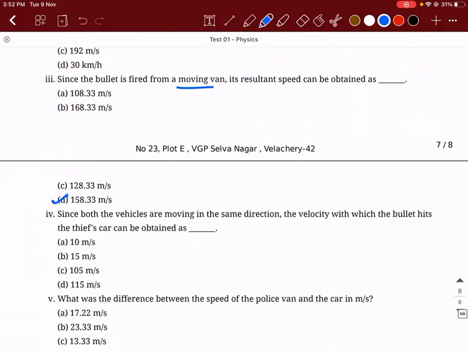Since both the vehicles are moving in the same direction, the velocity with which the bullet hits the thief car can be obtained as. How do you find the velocity with which it is going to hit?